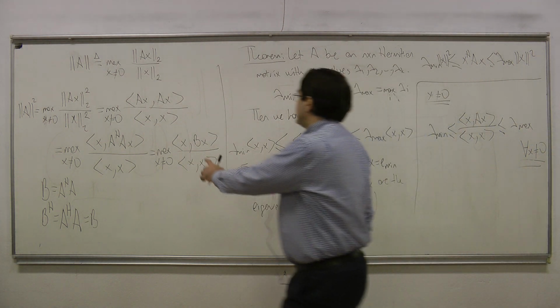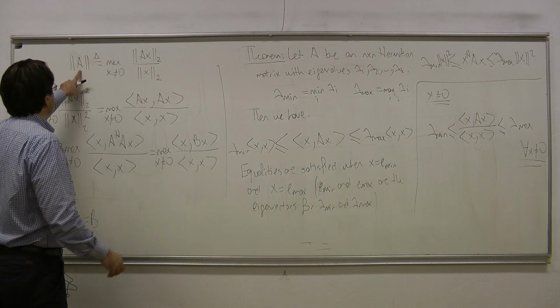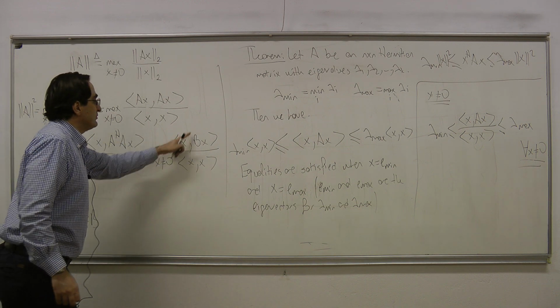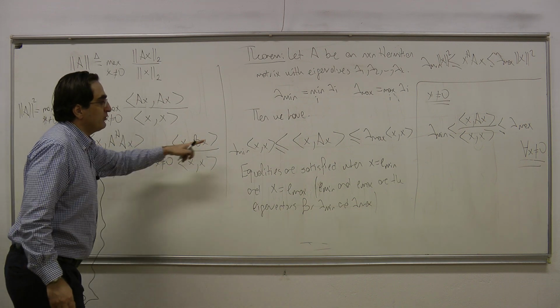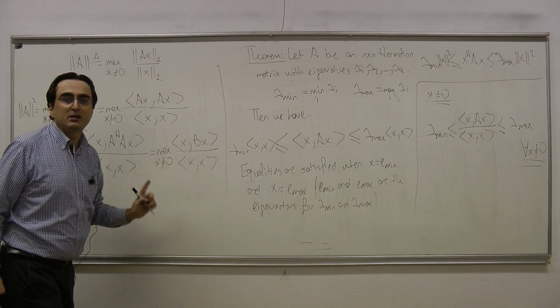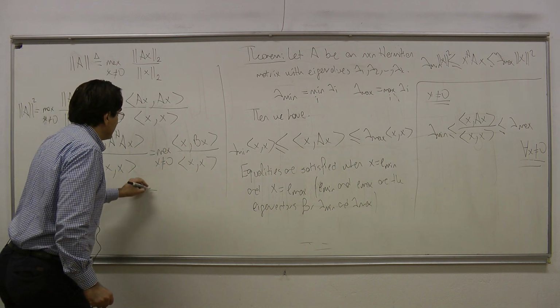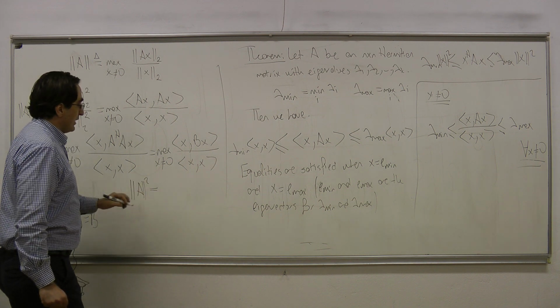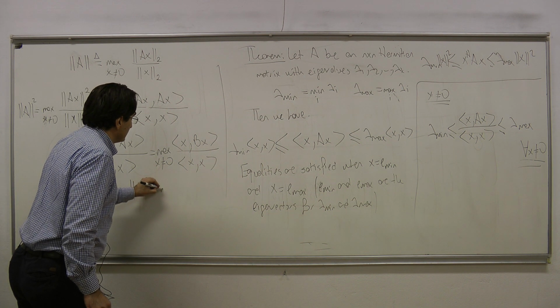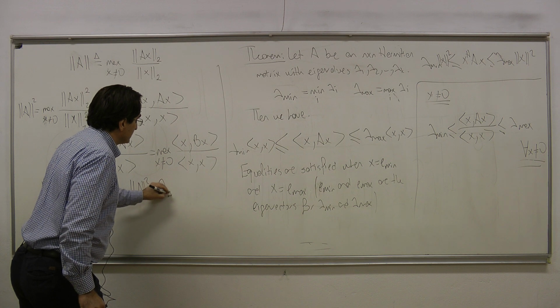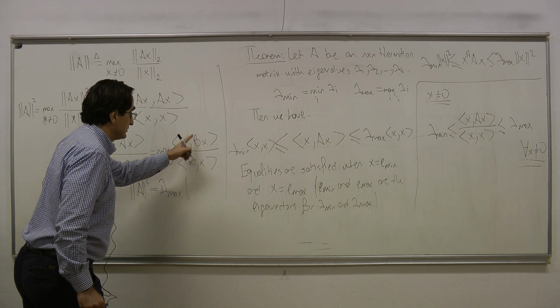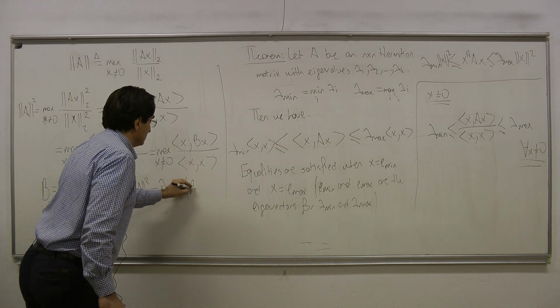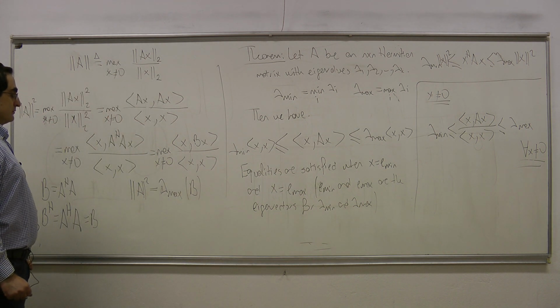Even though A is not Hermitian, the matrix B here turns out to be Hermitian, and that theorem becomes applicable. Okay? That means that the maximum, this is the norm of A squared, is going to be the maximum eigenvalue, lambda max, of the matrix B, which is a Hermitian matrix always, even if A is not Hermitian.